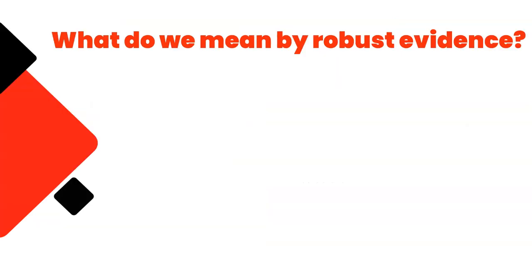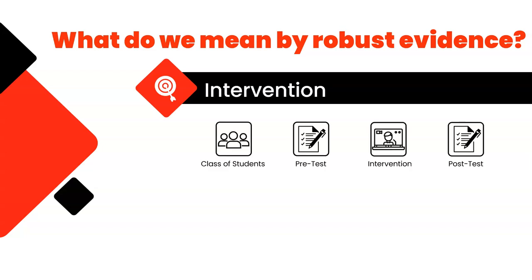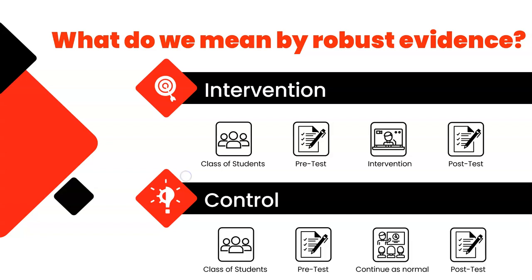But what do we mean by robust evidence? What we do is we provide an intervention, and we help you to create a control group. In order to find out if something works in the context of your school, you need something to compare it to. So if your school is a 2-form entry, then you would pick 2 classes, for example, in year 3.